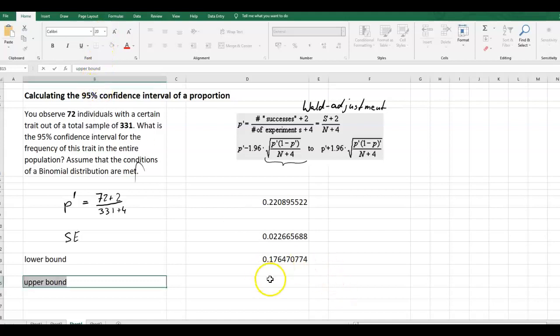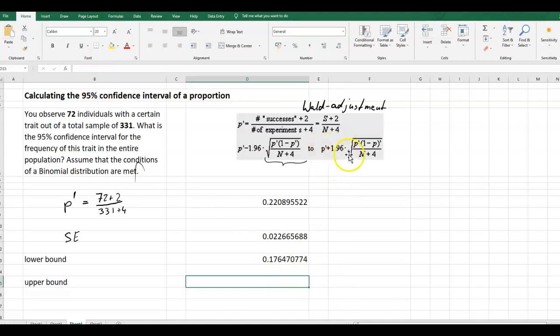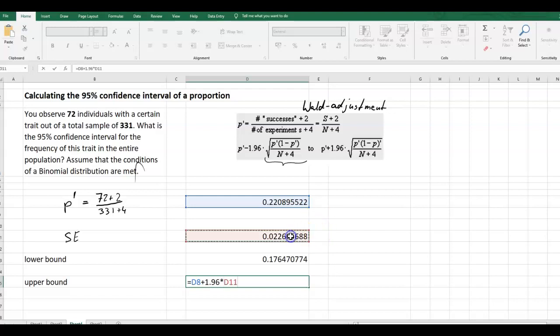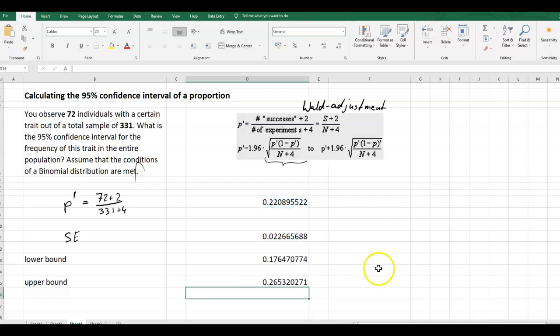We do exactly the same calculation, but this time we add this standard error times the z-score, which is the margin of error. So equals the value that we just calculated for our adjusted ratio plus 1.96 times the standard error, and that is this one.